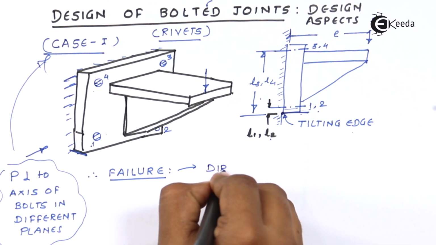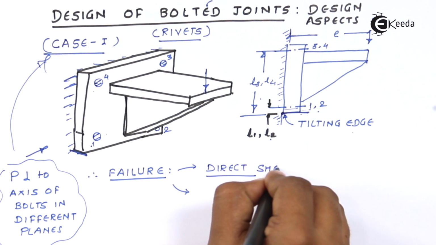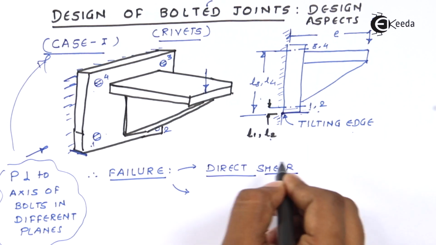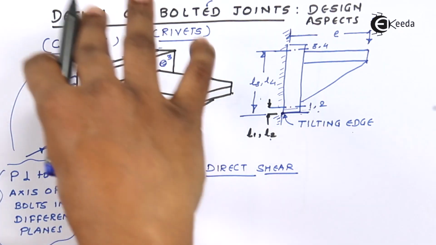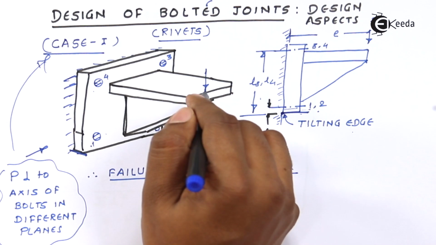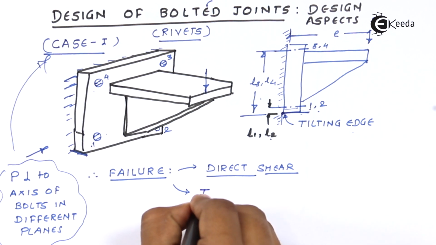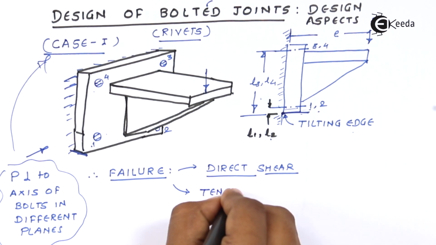And the second thing is, when this particular thing tries to tilt off, the bolts are actually being pulled out, or tried to be pulled out. In that case, they will experience tensile loading. So it's the tensile stress.